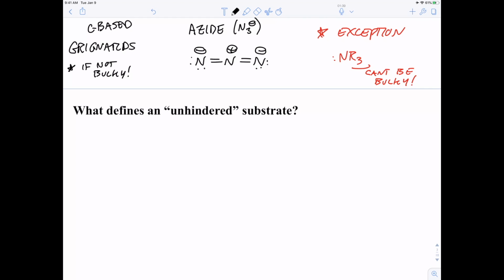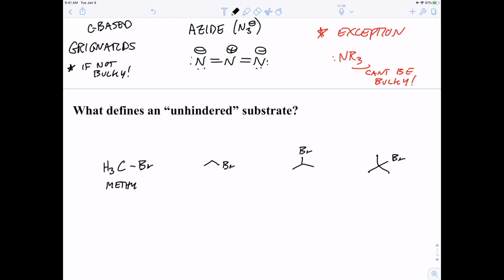So I want to just draw out a couple of different things here as far as types of substrates. So these are going to be some simple ones, but we'll start with something like this. I'm just going to use the same leaving group of bromide for all of them. So there's a methyl bromide. That's a primary bromide, a secondary bromide, and a tertiary bromide.